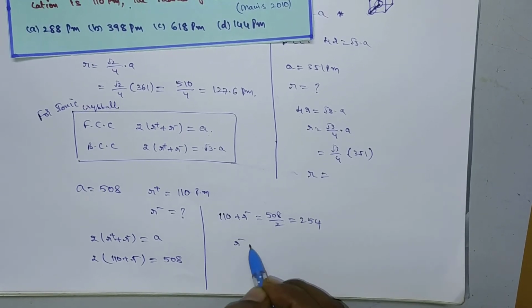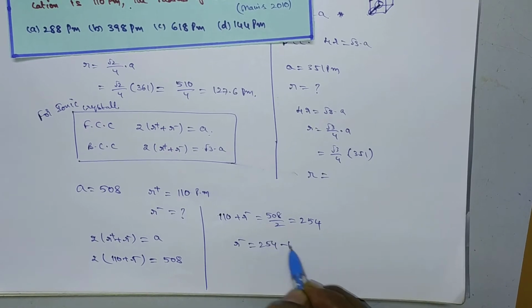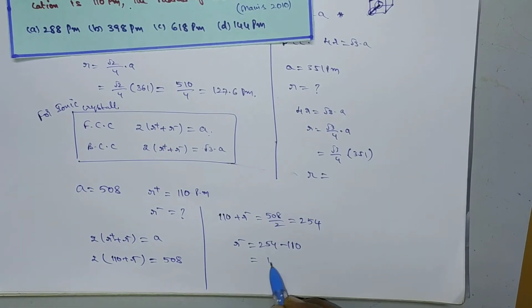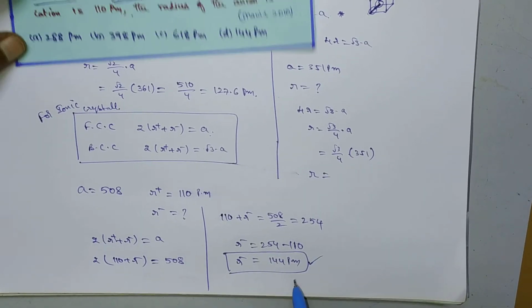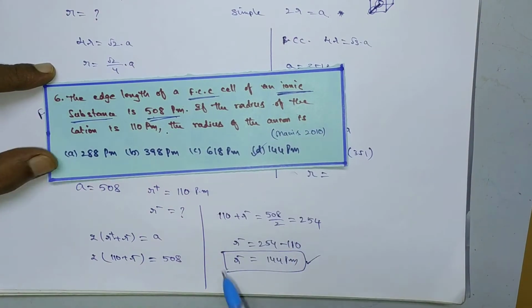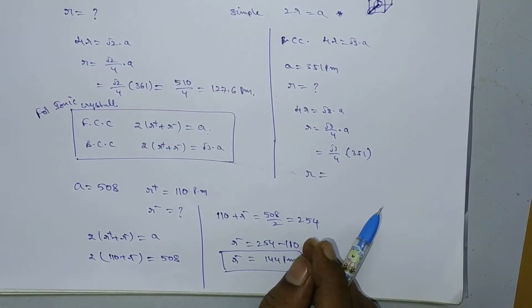So radius of anion equals 254 minus 110, that equals 144 picometers. So this is the answer: radius of anion equals 144 picometers. So here is option D. Okay, and next one.